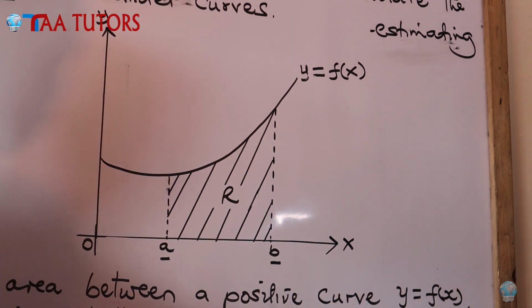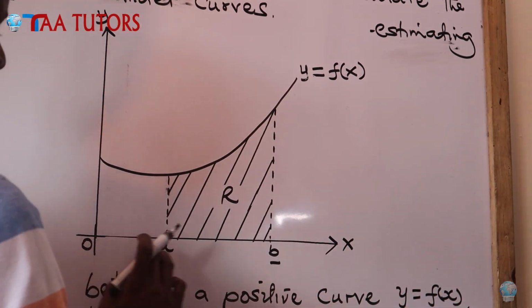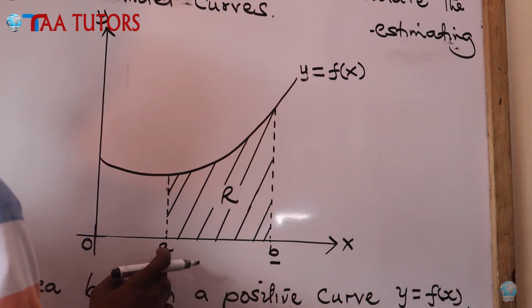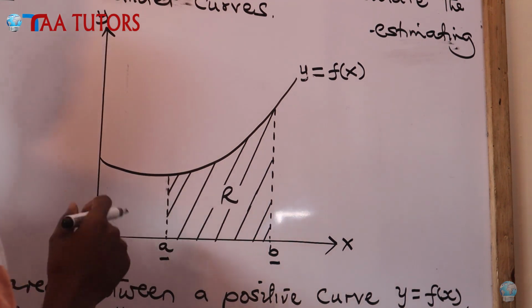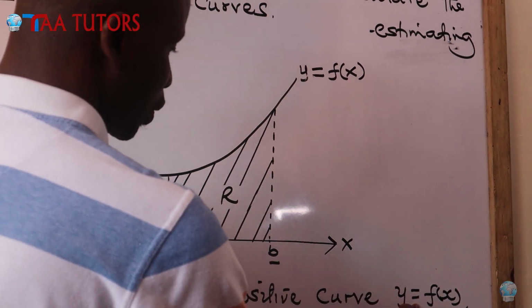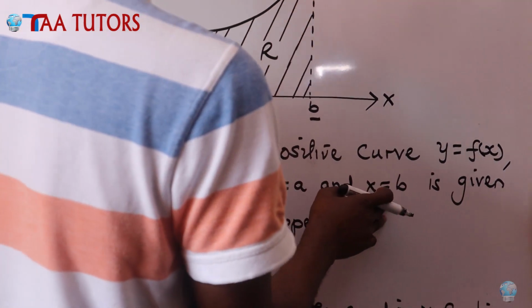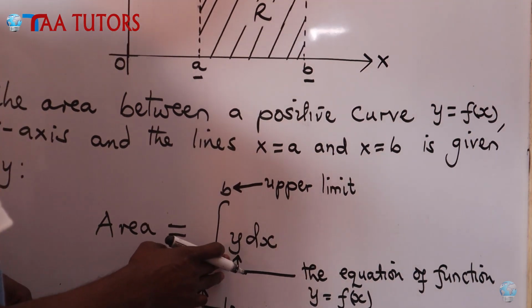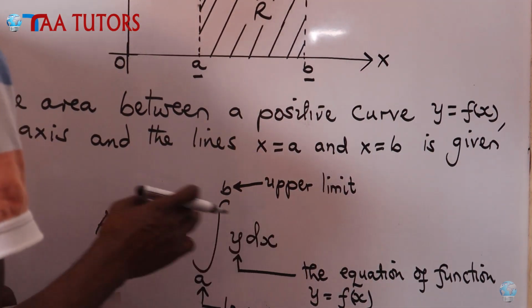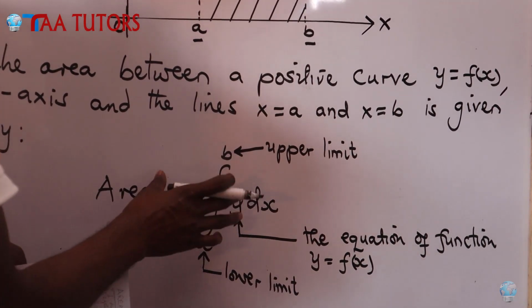The area here is bound by the curve y equals f(x), the x-axis, the line x equals a and the line x equals b, meaning the region is bound by four things. That area is given by the integral of the function y with respect to x within the limits a and b, and that's what you have given here.